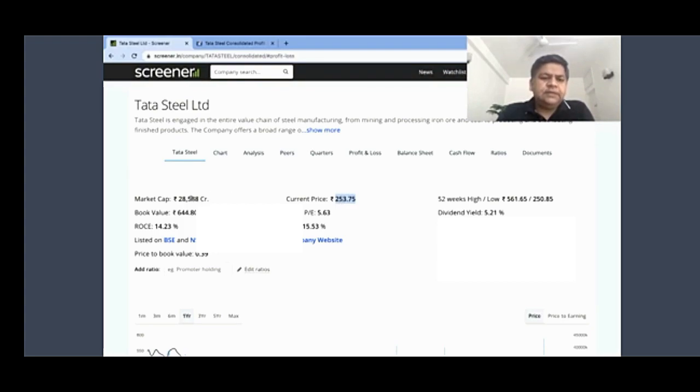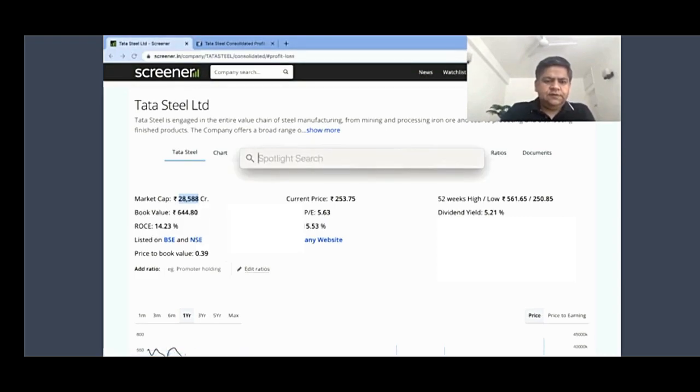At the current market price, the market capitalization of Tata Steel is 28,588 crore. If I calculate this ratio, I would assume that this will become approximately 70,000 crore, right? So can we do one calculation?